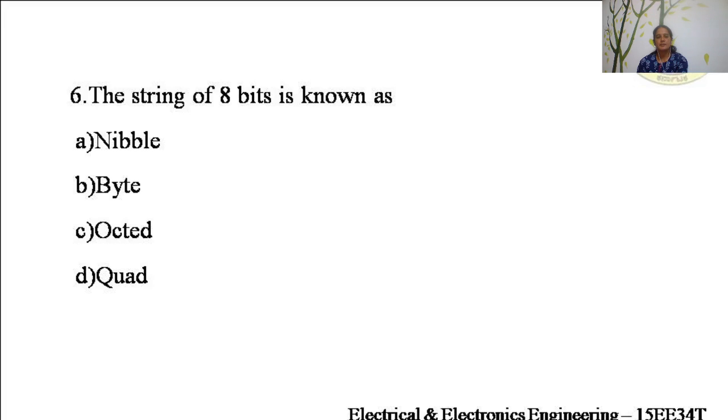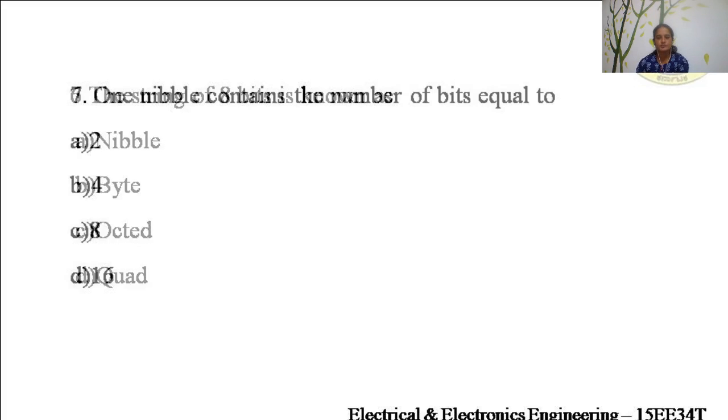Answer is B or C, byte or octet. Next question. One nibble contains the number of bits equal to A 2, B 4, C 8, D 16. Answer is B, nibble, because it is 4 bits.